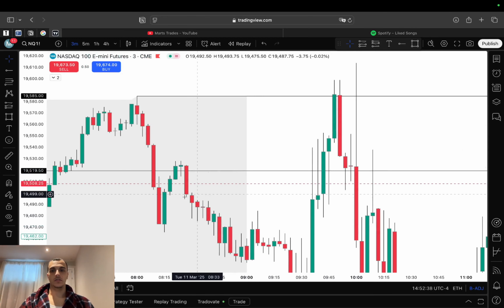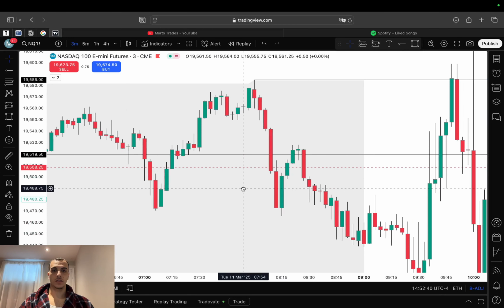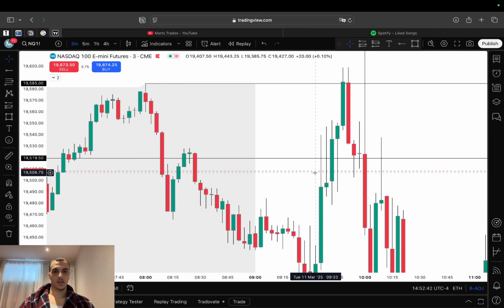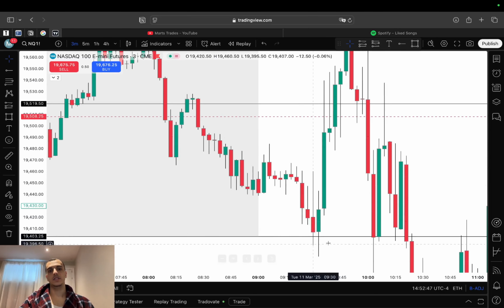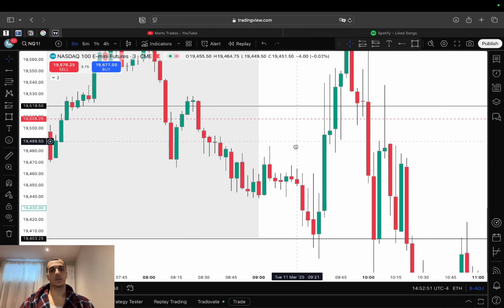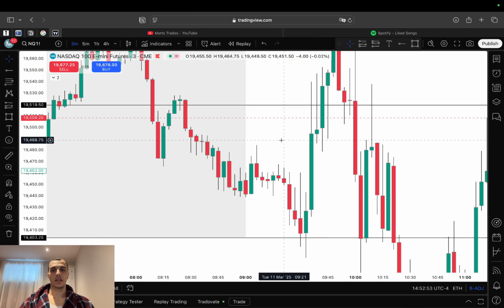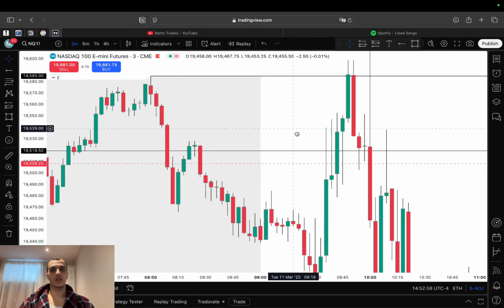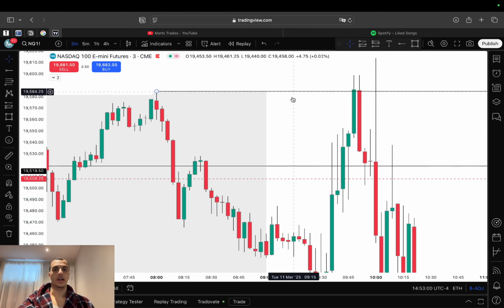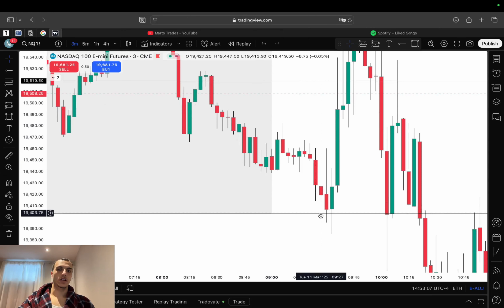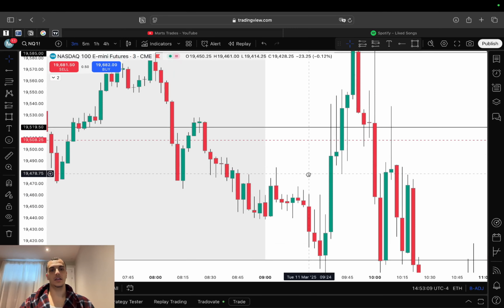Let's see if there was any reaction of the gaps we marked. This gap ended up doing nothing. Since we already had a setup here, it's basically just going right there. So what I mean by that is once we get the setup, the odds of another line that we mark to actually play out is less likely because we already went into this line or whatever line and had a reaction.